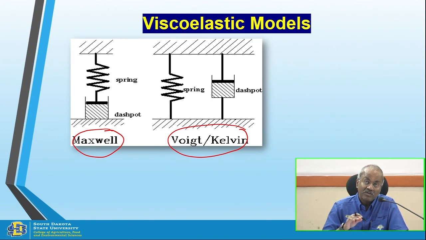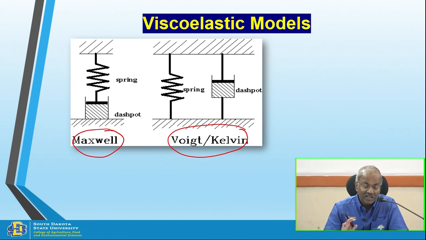Because there are two researchers, they described the viscoelastic material as spring and dashpot in parallel. I don't know which one came first or which one came next, it doesn't matter. Somebody did one and the other person thought, okay, why this way? This can be this way too. But in reality, this is a simple case scenario.